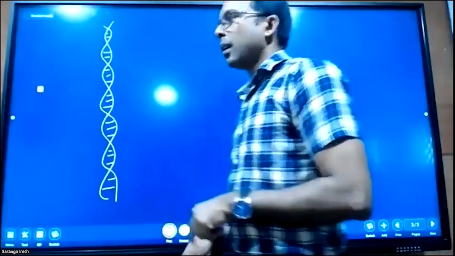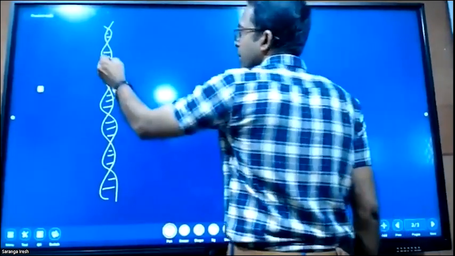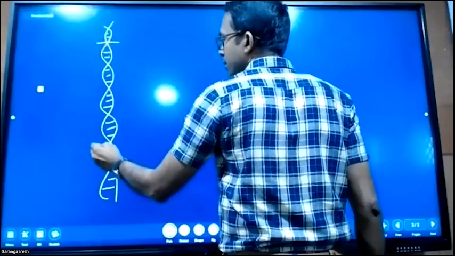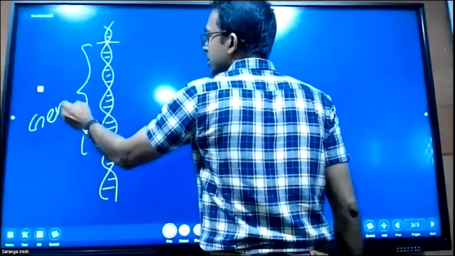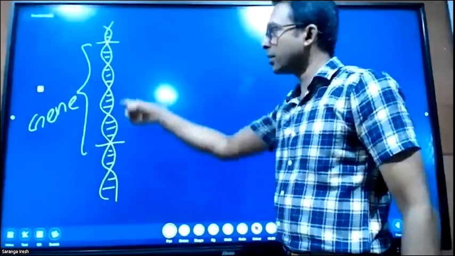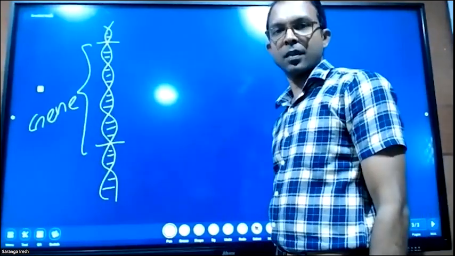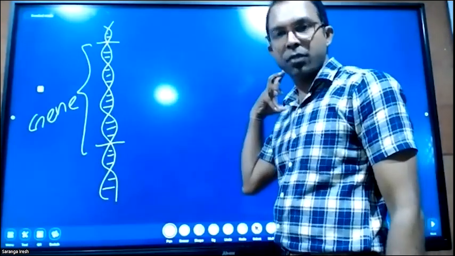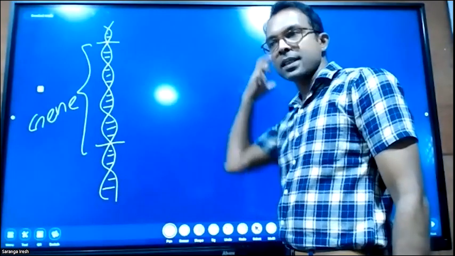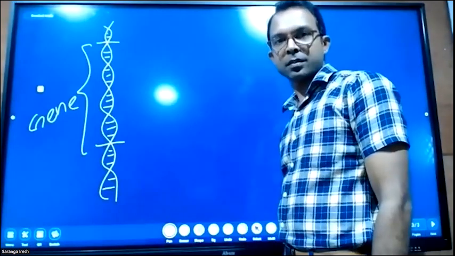So this is the region of the gene. The specific base sequence is here. The specific base sequence will provide the information to synthesize the amino acid sequence.